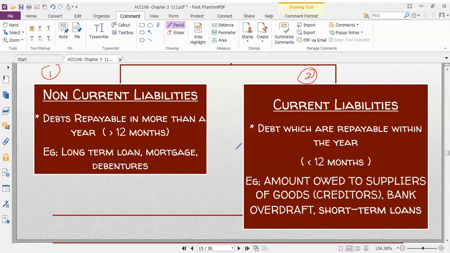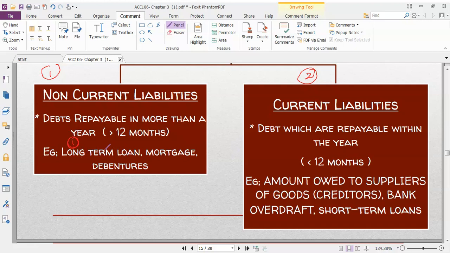Disebabkan amount yang kita berhutang tu banyak kebiasaannya. Okay. So, example dia adalah long term loan. Okay, thank you so much Karenisa. Okay, mortgage ataupun debentures. Okay, tapi nanti you akan identify ada satu je yang kena familiar with it. Okay, that is long term loan.